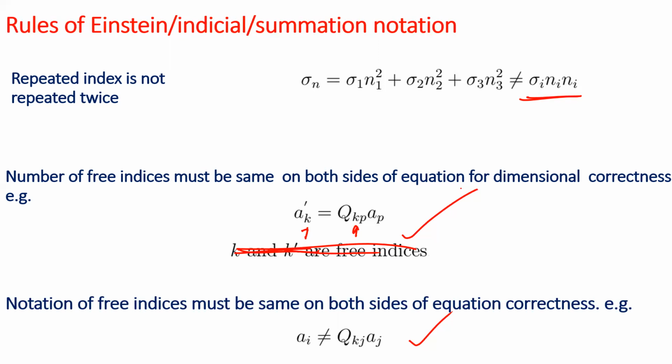Likewise, the notation of the free indices also must be the same. For example, on the left hand side of this last equation, you have an I component, whereas on the right hand side there is no I component, which is not really tallying up. A free index must tally on either side.